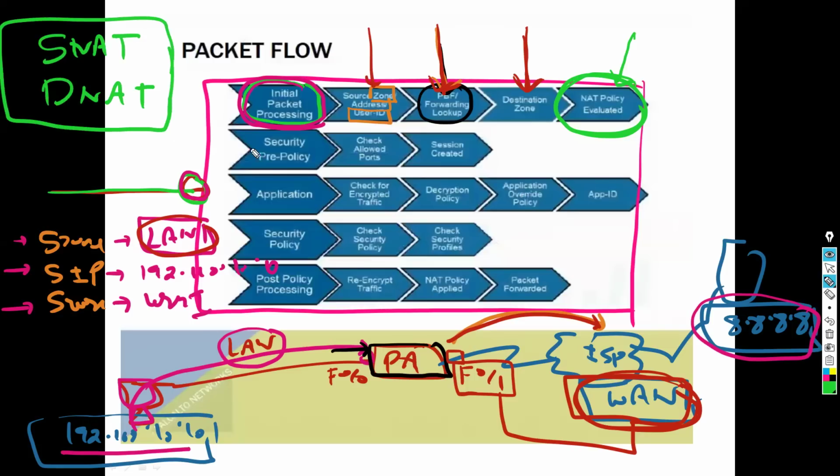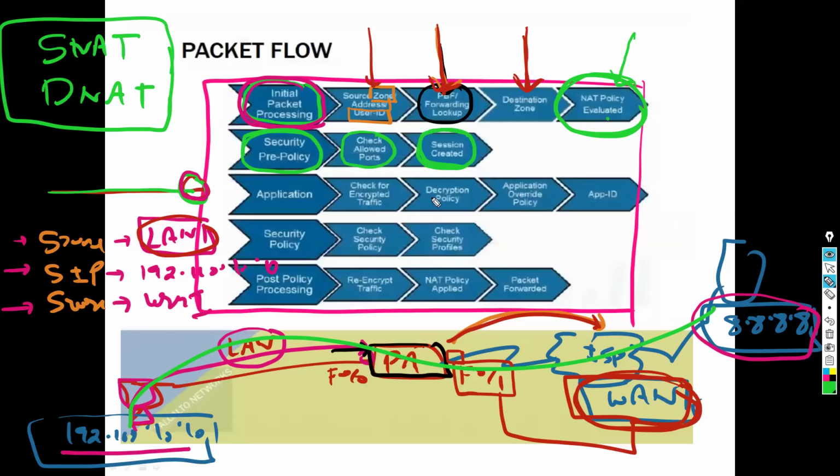So the firewall is trying to identify whether any NAT policy is available. Then it will go for the security pre-policy. In the security pre-policy, the firewall will check allowed ports. Is any port allowed? And if traffic is allowed, then the firewall will maintain the state of the connection in the session table.